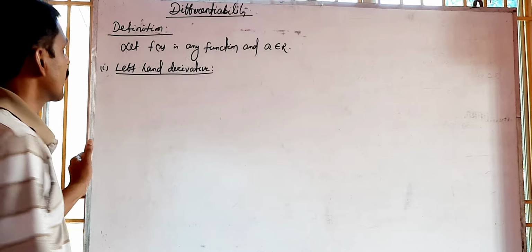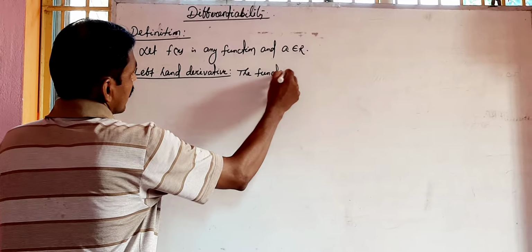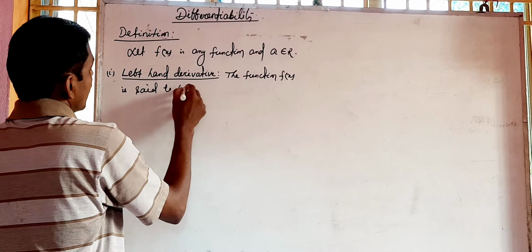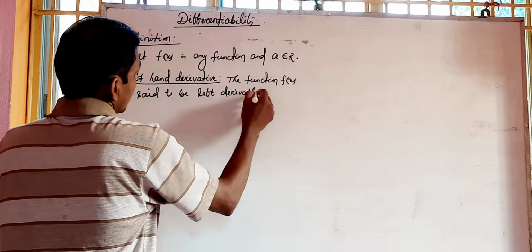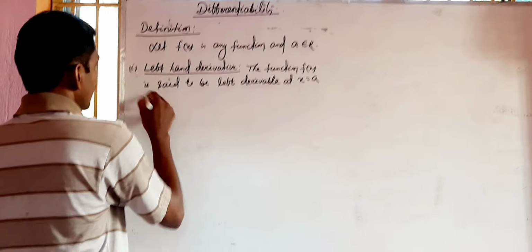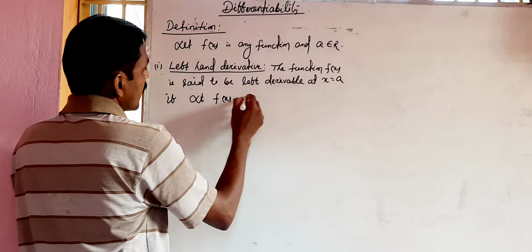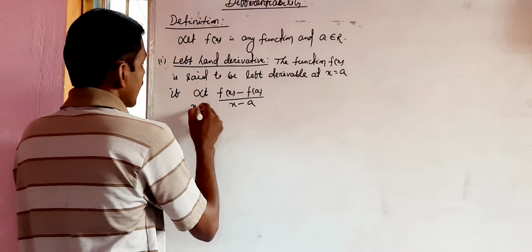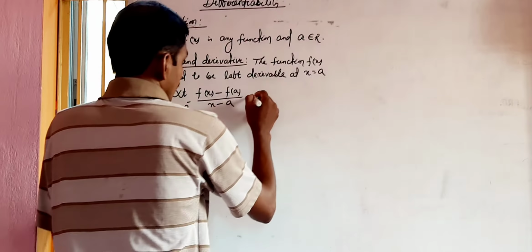The definition of left hand derivative is: the function f of x is said to have a left hand derivative at x equal to a if the limit of f of x minus f of a by x minus a as x tends to a minus, that is from the left, slightly less than a, exists.